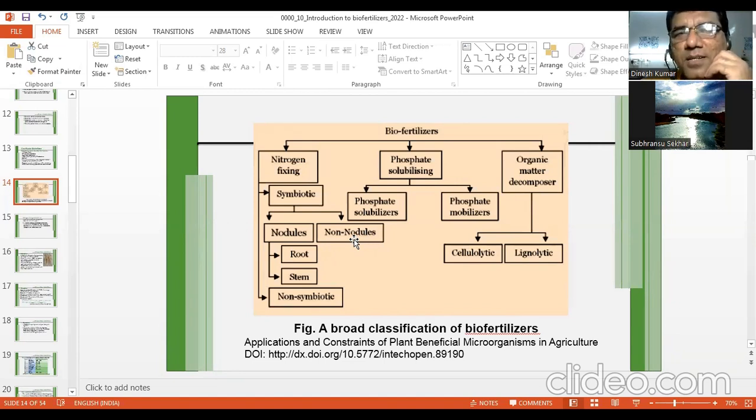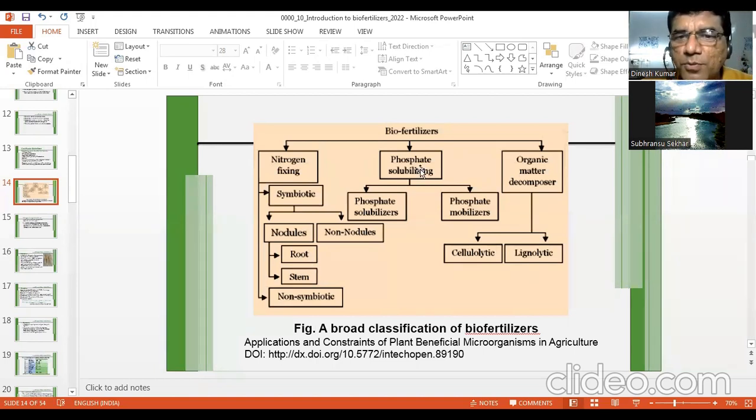Azolla-Anabaena association, symbiotic relationship. Azolla-Anabaena. Nostoc, sir. Yeah. So that is your non-nodule nitrogen fixers. And stem nodulating? Sir, Sesbania rostrata. Good. And roots, all the legumes. In roots, all the legumes are there.